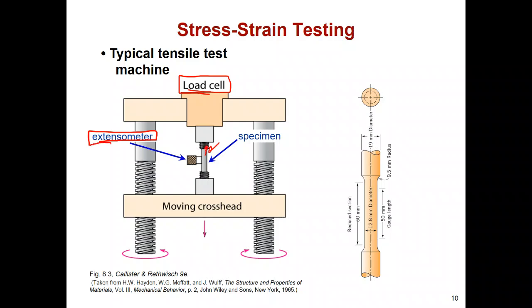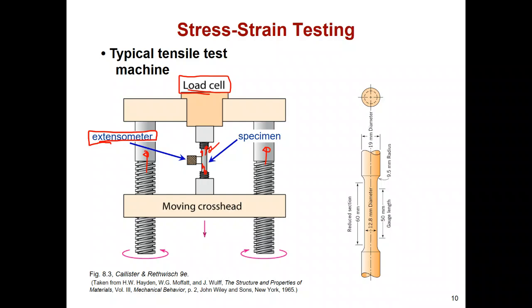When we apply loading, the screw rotates and changes direction. The solid metal experiences tensile forces, and the tips can detect changes of the solid deformation. From here we know the initial length of the specimen, and we know the change of length from the extensometer.